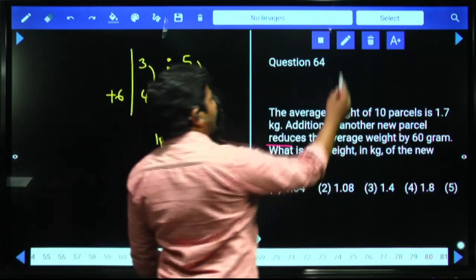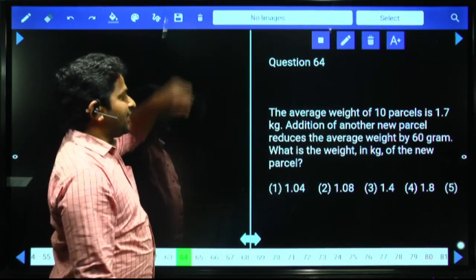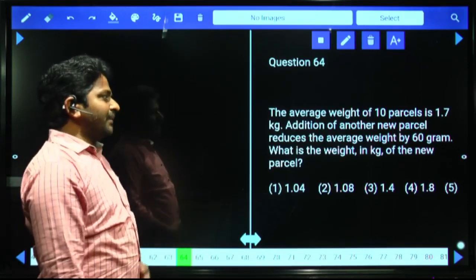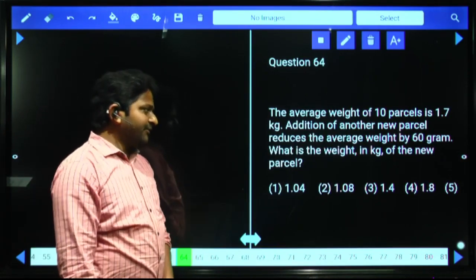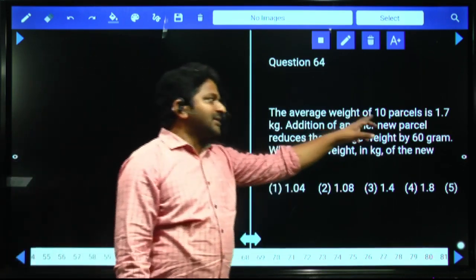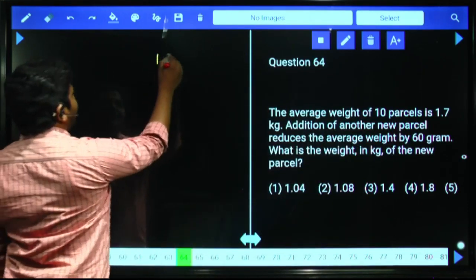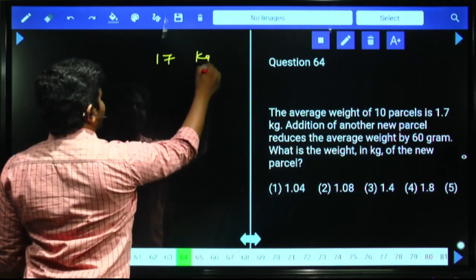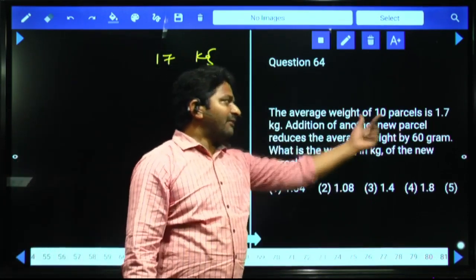Average weight of 10 parcels is 1.7 kgs. Addition of another new article reduces the average weight by 60 grams. What is the weight in kgs of the new parcel? Okay, initially there are 10 parcels. The average weight of the 10 parcels is 1.7, so total weight is 17 kgs. Now one more parcel is added, so now we have 11 parcels.